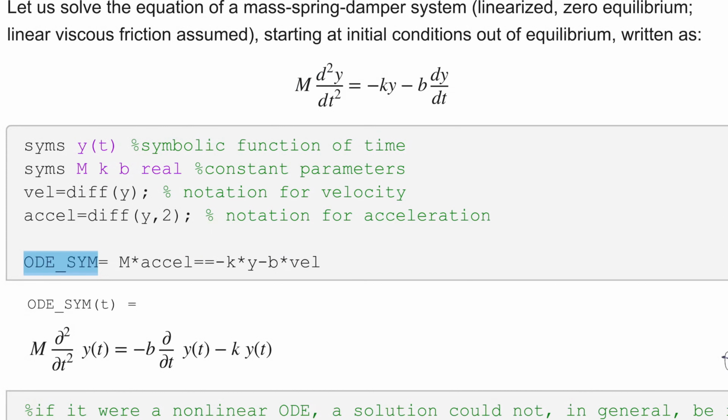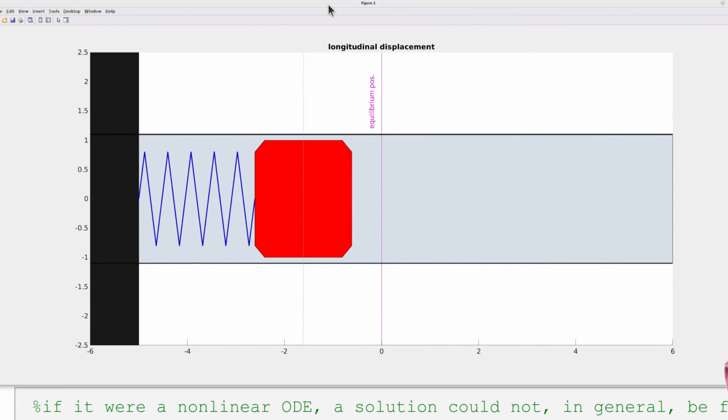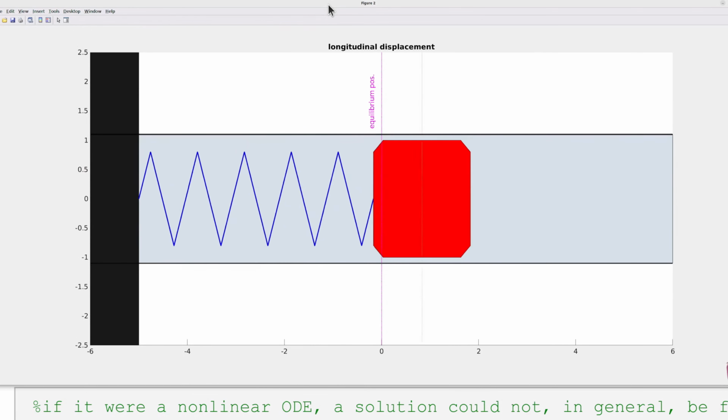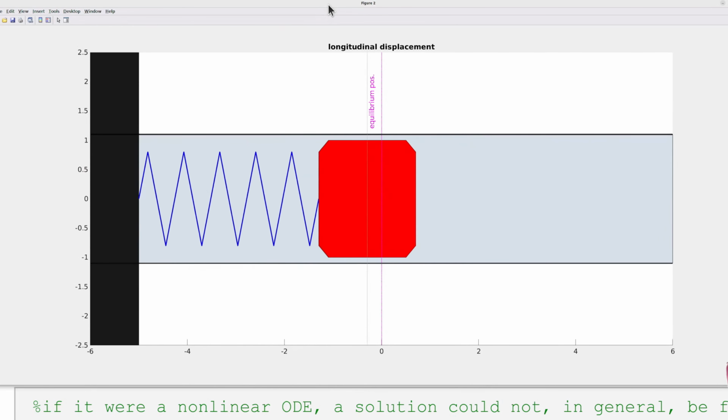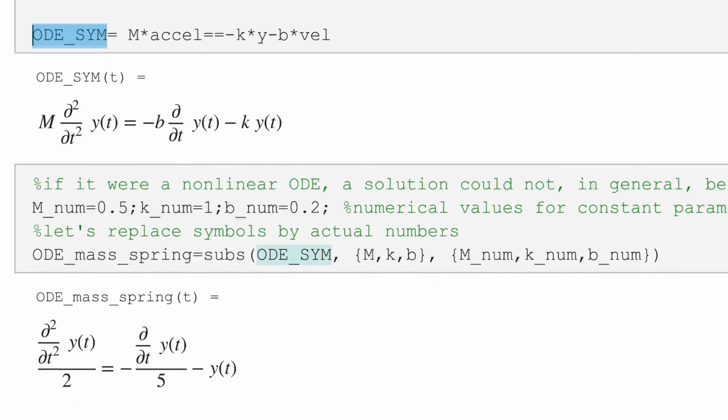We do wish to solve and compute actual movements of the spring. I mean, our final goal is obtaining the formula of this movement. So we are going to replace our constant parameters by given numbers.